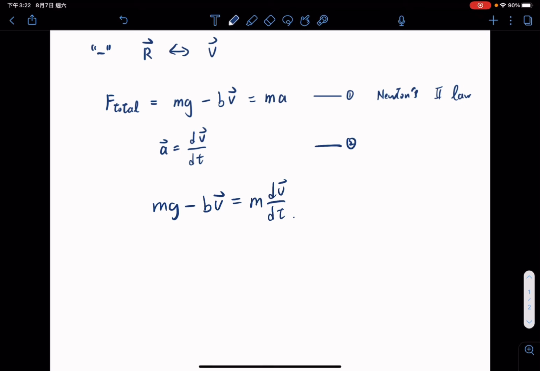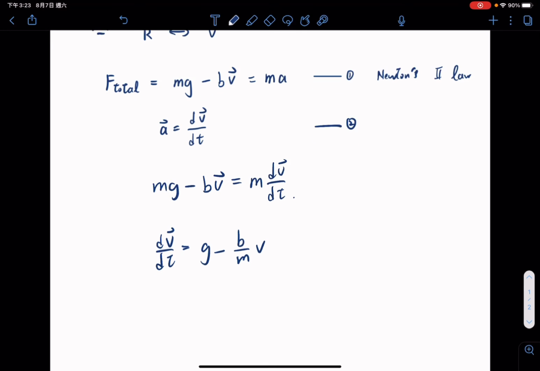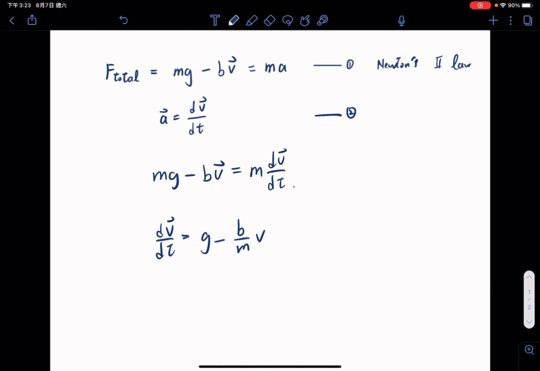Then we divide both sides by m, and dv over dt is equal to g minus (b over m) v. This is the so-called ordinary differential equation, which is ODE.